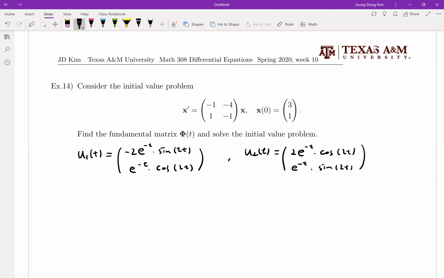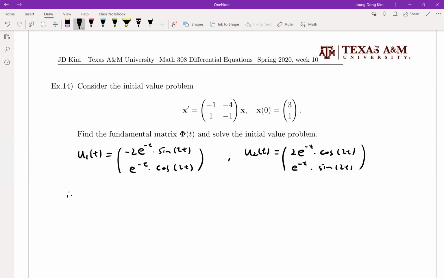Now, since we know u1 and u2 form the fundamental set of solutions, we could set up the fundamental matrix, but without that we can find the solution of this differential equation. How can I do it? That's really simple.